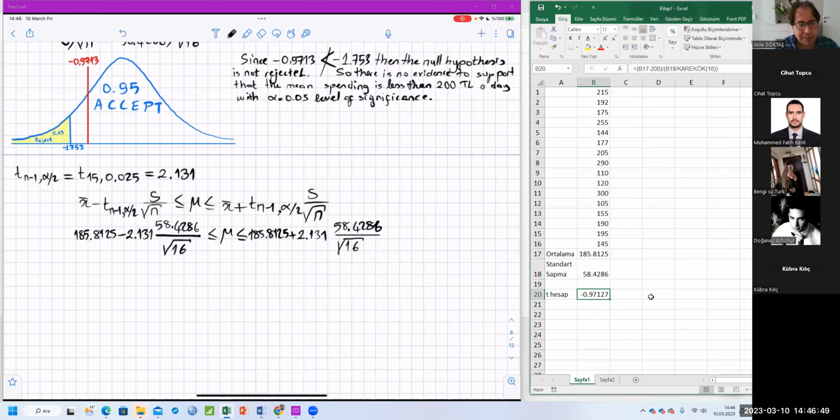I'll do this calculation using a calculator this time.